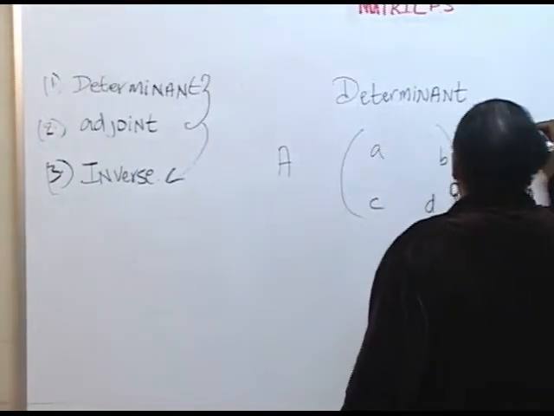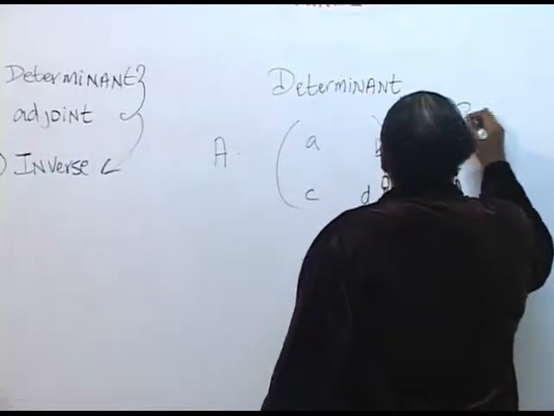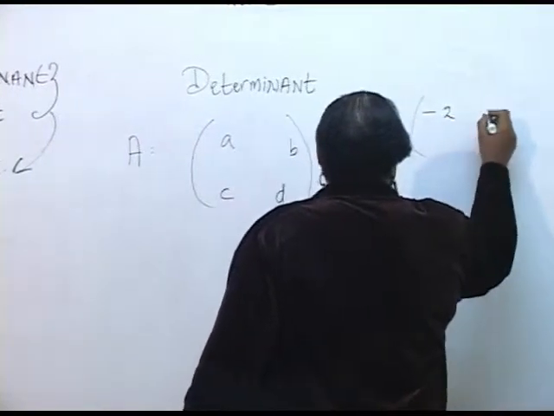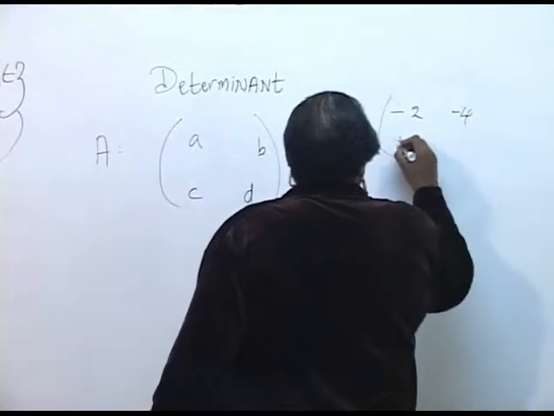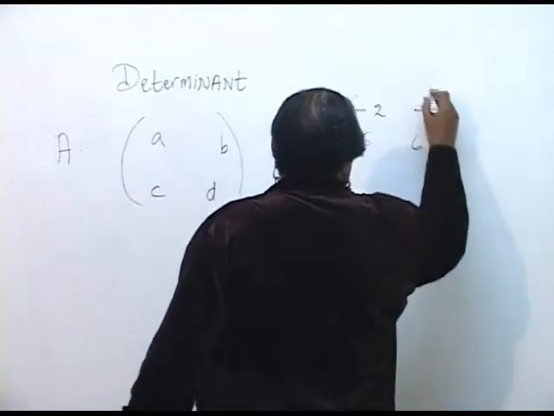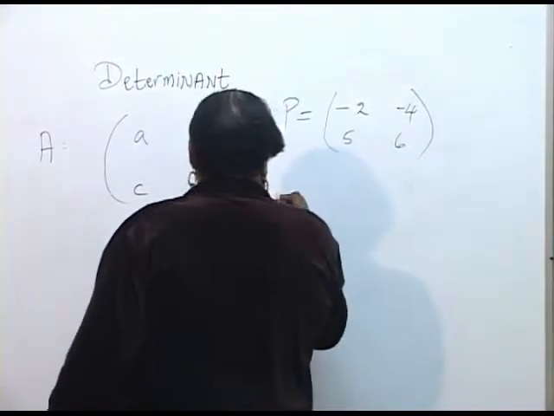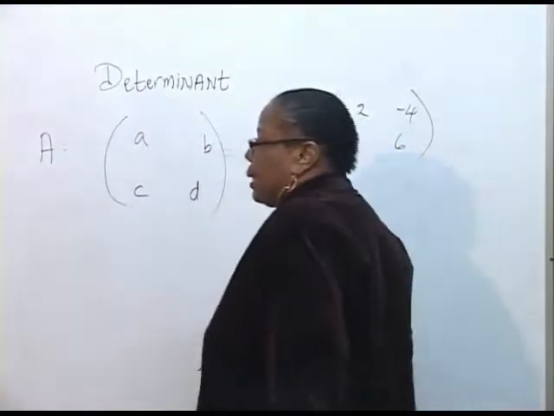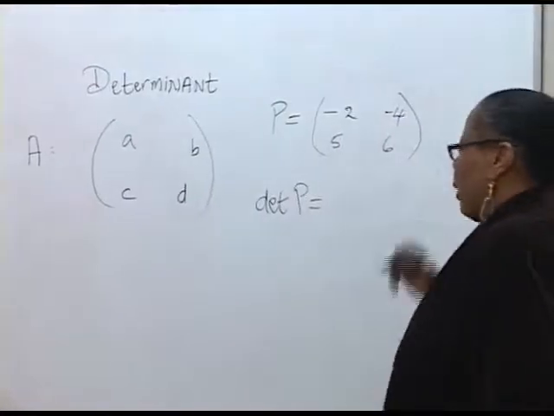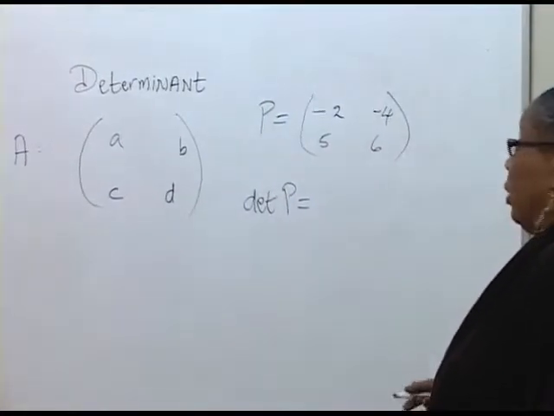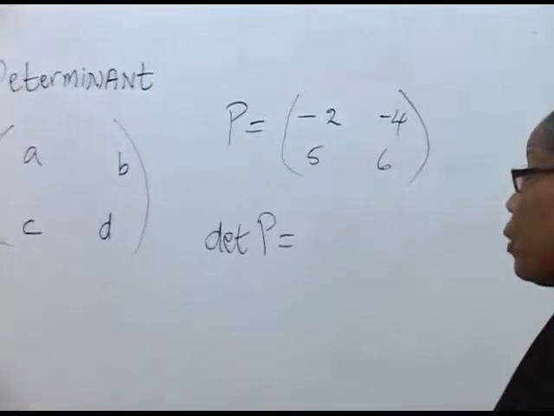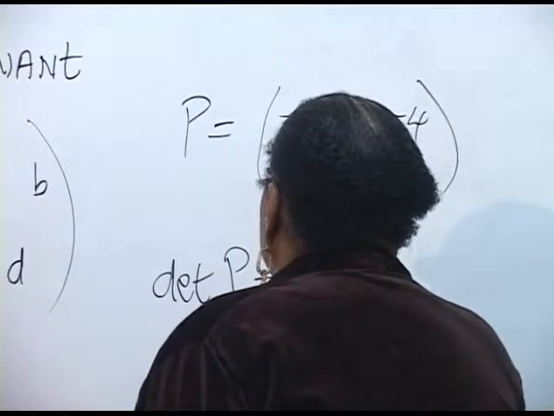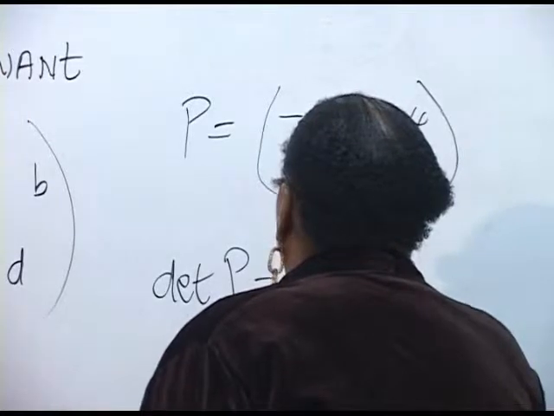Now, suppose we had P and it's equal to, this time we're going to give them -2, -4, 5, and 6. And you're asked to find det P. Again, we'd state our formula first: it is AD minus BC.